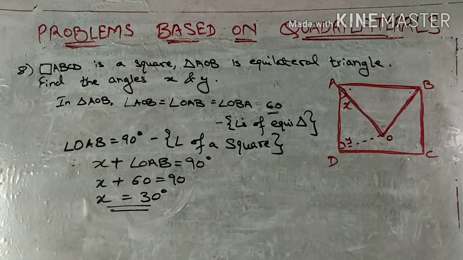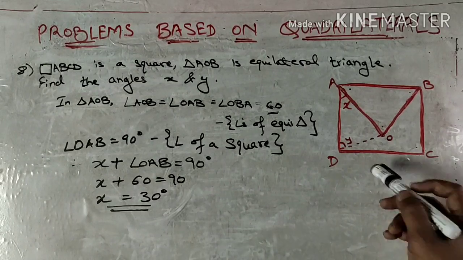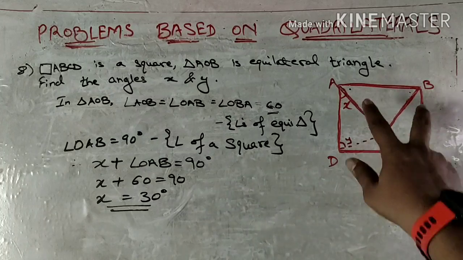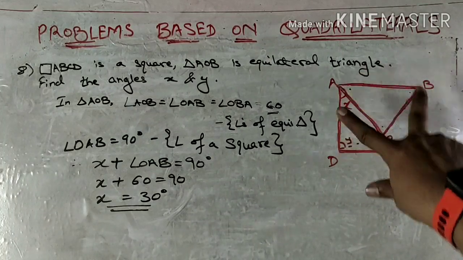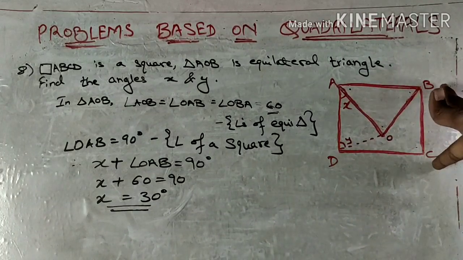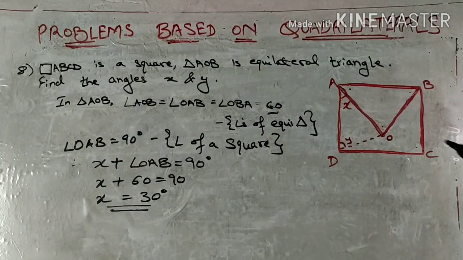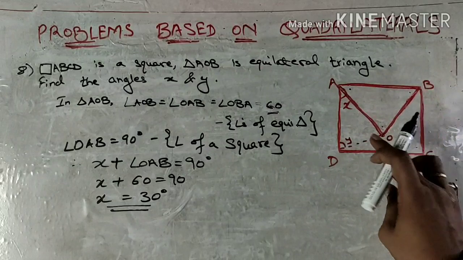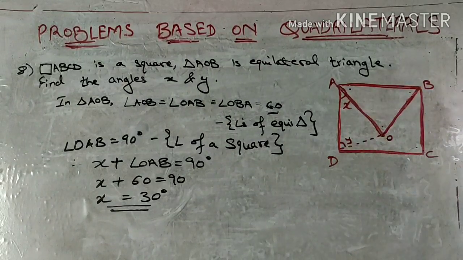Because they are the sides of an equilateral triangle, and since this quadrilateral is a square, AB is equal to AD is equal to CD is equal to BC. That means all these segments that we see, the sides of this triangle as well as the square, are equal.